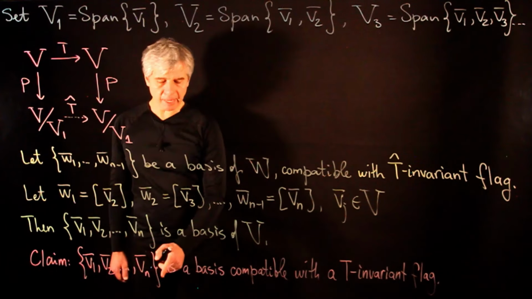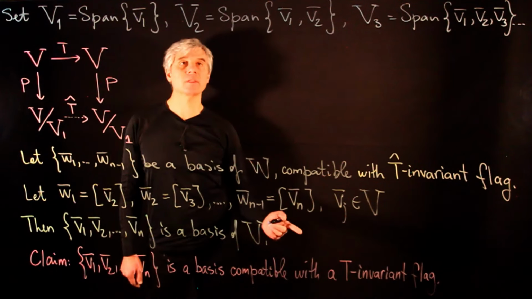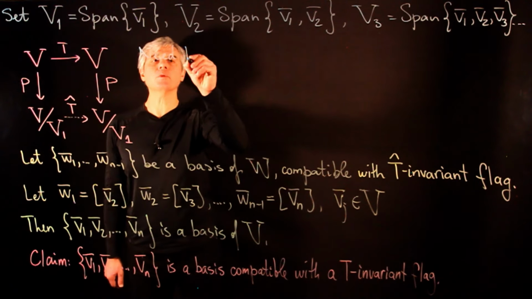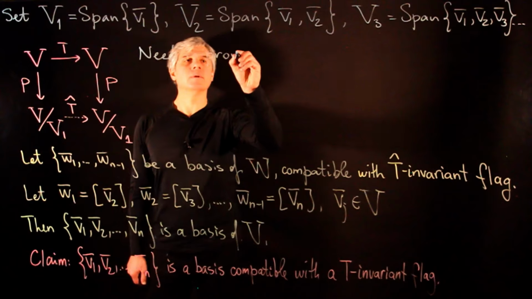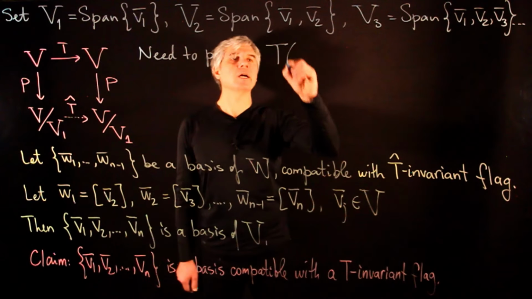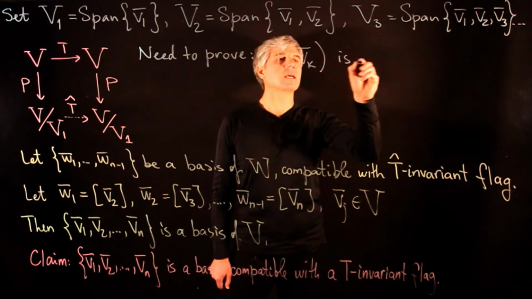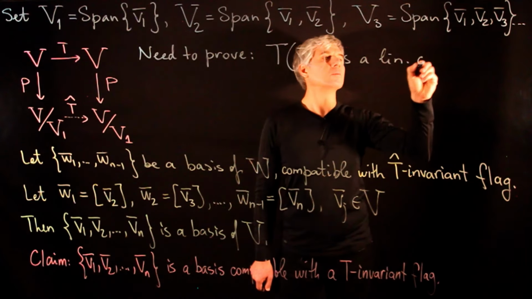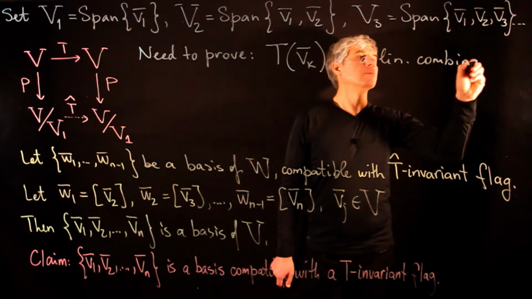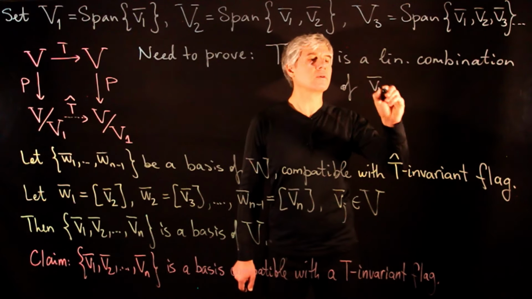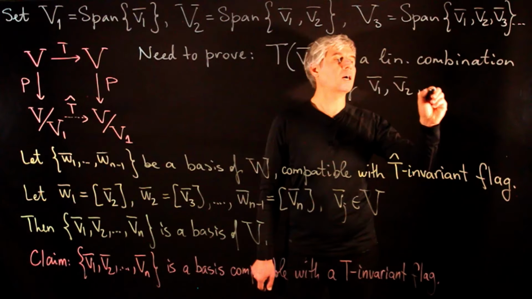The fact that this basis is compatible with the T-invariant flag means, and so this is something that we need to prove, that T applied to any vector Vk in this basis is a linear combination of vectors V1, V2 up to Vk.